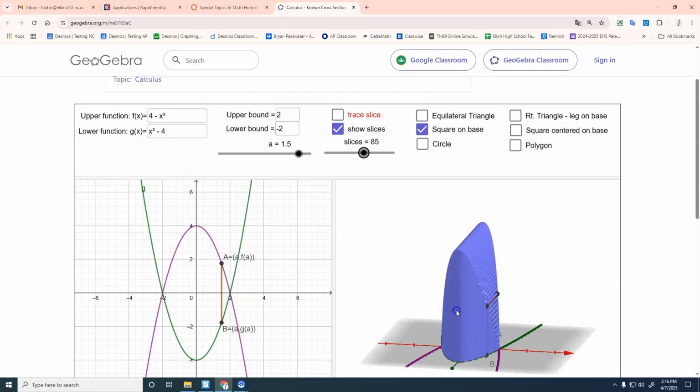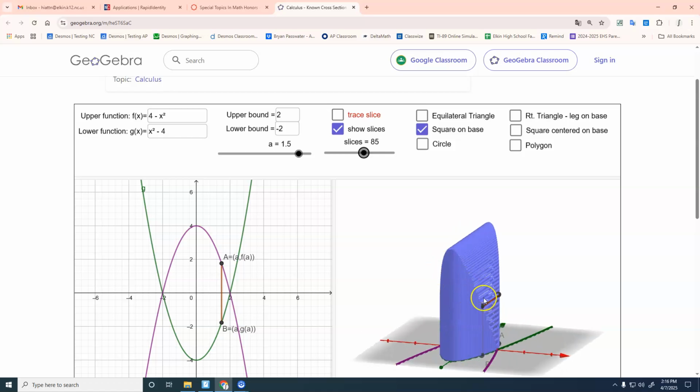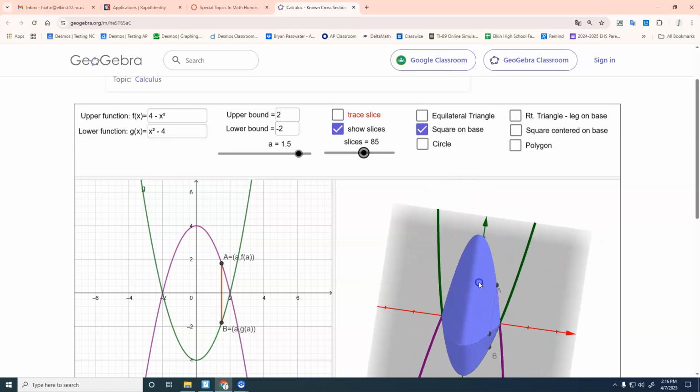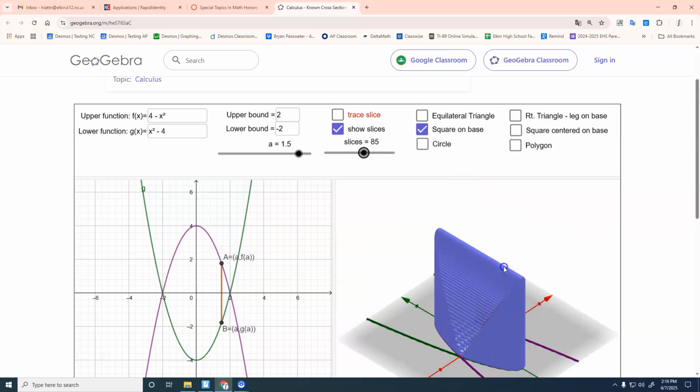So if I built this, I would have this weird figure that looks like this. You've got almost that oval shape on the bottom, and then this weird triangle look right here. And you can see all of those squares are across.